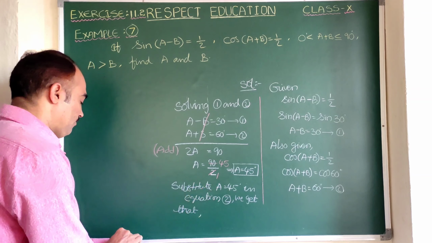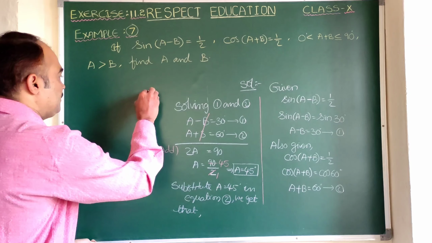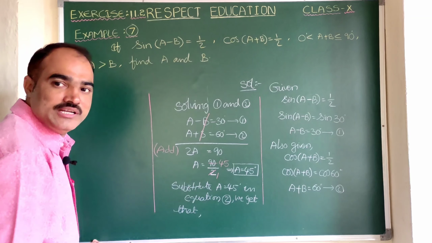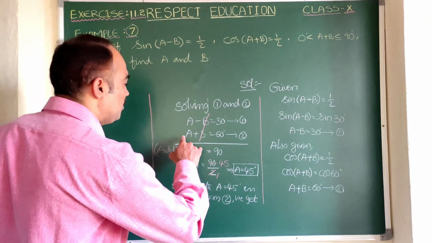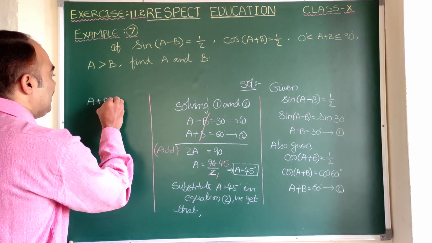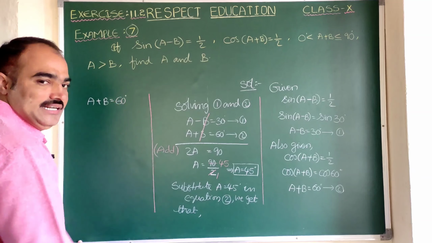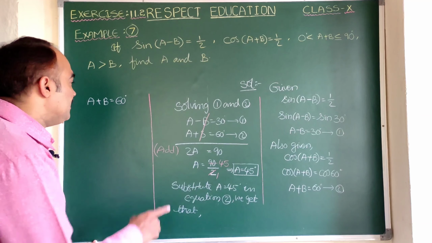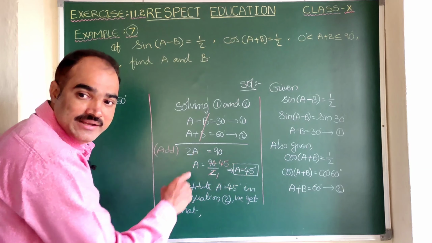The equation number 2 is a plus b is equal to 60 degrees. Whose value are we going to substitute? The value of a. What is the value of a? 45.